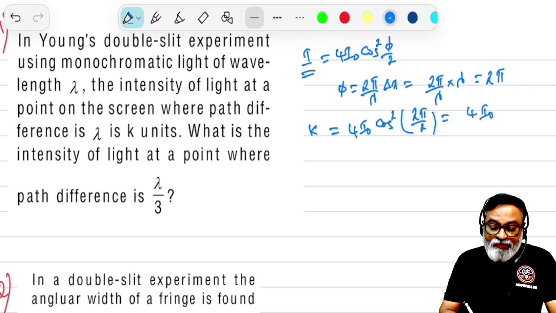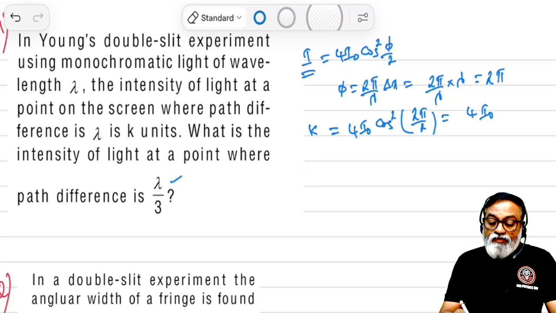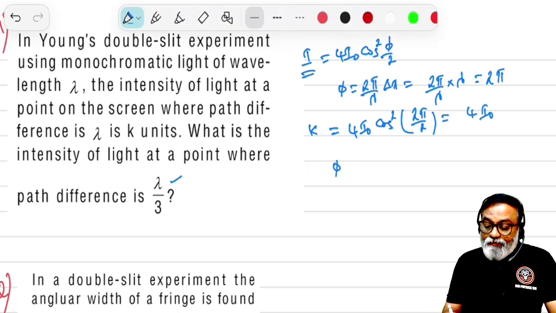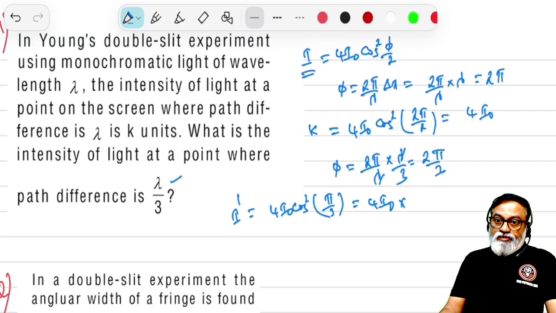Now, if the path difference changes to lambda by 3, here I am taking I dash. First we have to find the phase difference, which is 2 pi by lambda into path difference lambda by 3. Lambda gets cancelled, and this becomes 2 pi by 3. In this case, I dash is equal to 4 I naught cos square of phi by 2, that is 2 pi by 3 by 2, which is pi by 3, meaning cos 60.